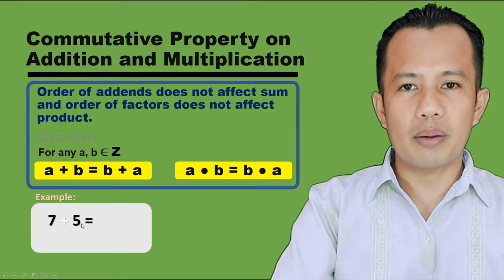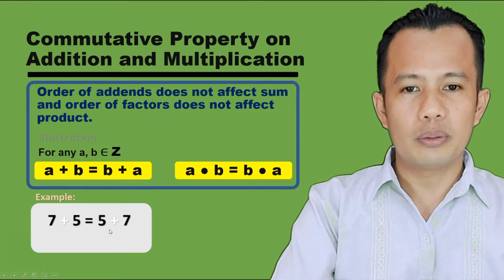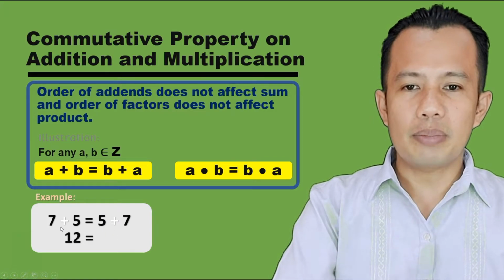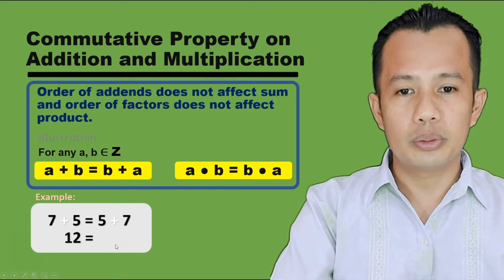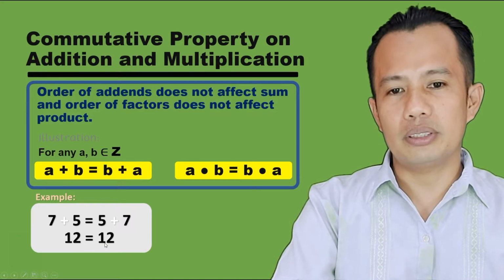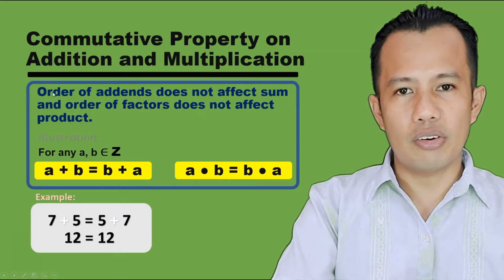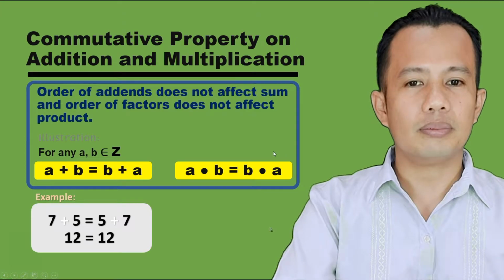By commutative property of addition, 7 plus 5 is also equal to 5 plus 7. Let's double check. 7 plus 5 is equal to 12, and 5 plus 7 is equal to 12. So 12 is equal to 12. It is true now that order of addends does not affect sum.